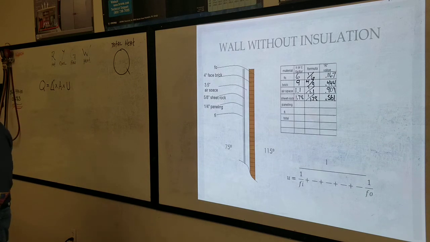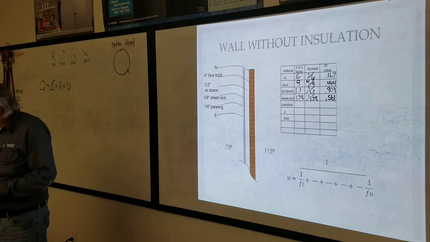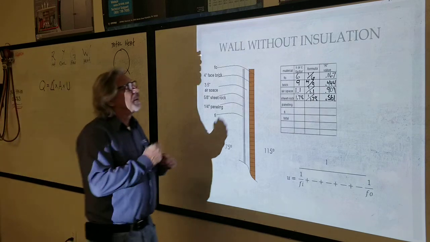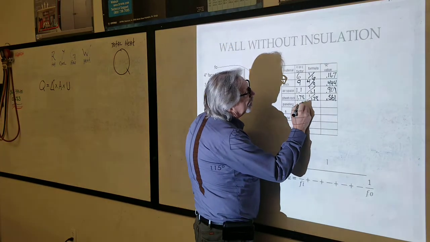So we can take the K value of the plywood and divide it into the 1/4 inch. 0.81, let's put it up there so we know.